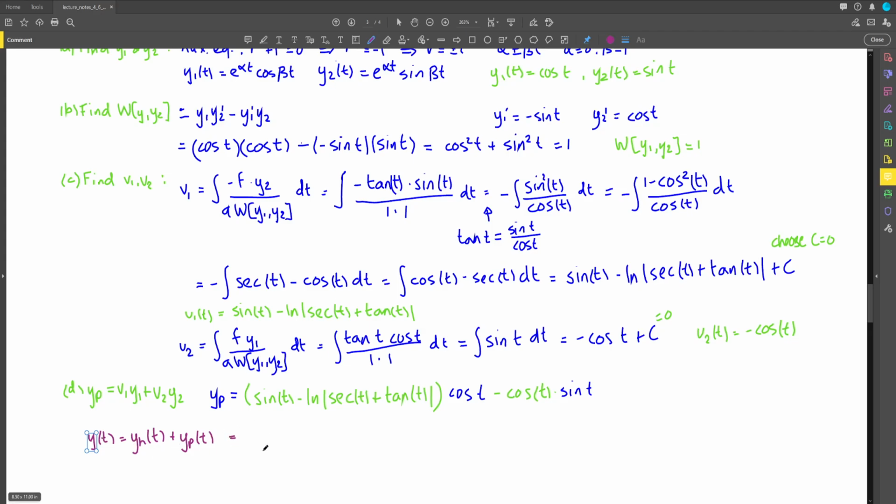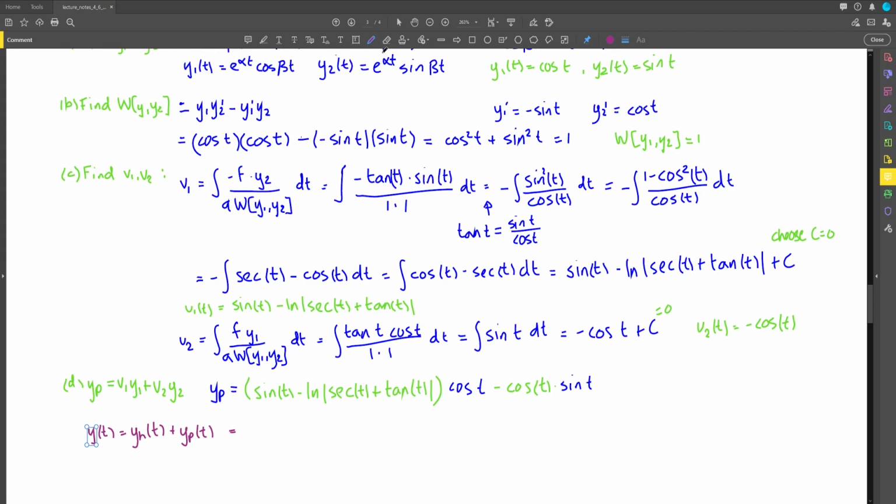The homogeneous part is C1 cosine of t plus C2 times sine of t.